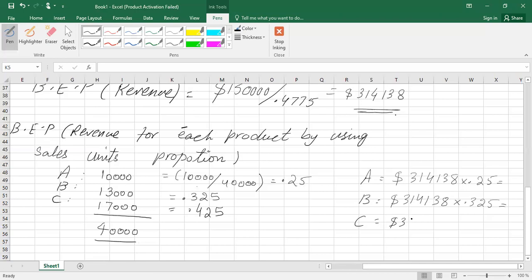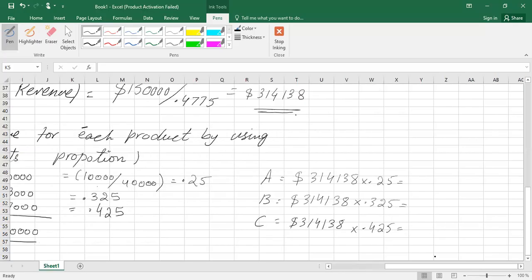Here 314,138 into 0.425. It is 133,509. Next one is 314,138 into 0.325.